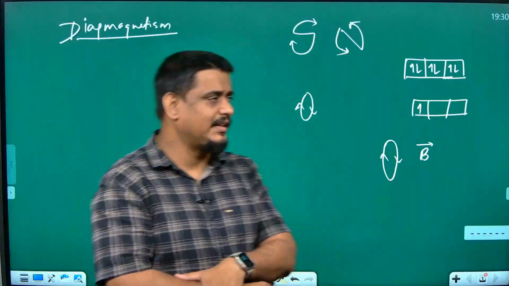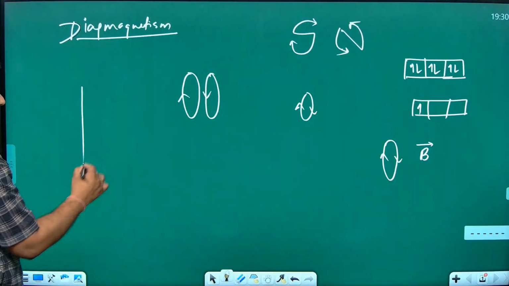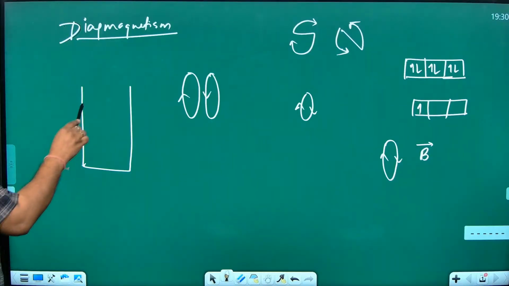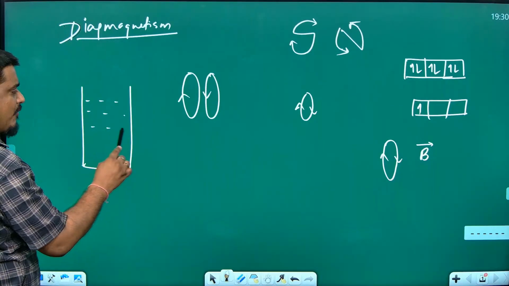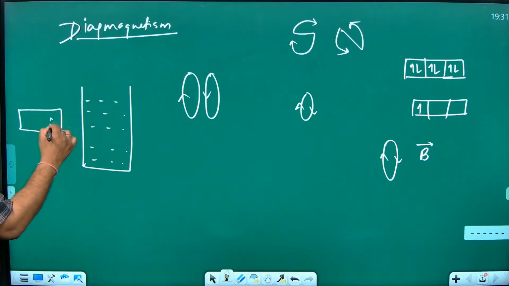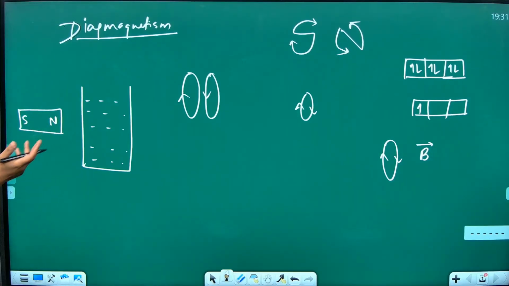Let us understand that. I told an experiment, and with the help of the same experiment, I will make you understand. So, in a test tube, if you have water, and when I bring a magnet towards it, there are 2 possibilities.